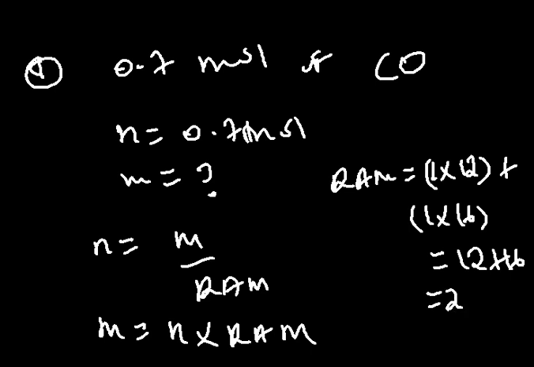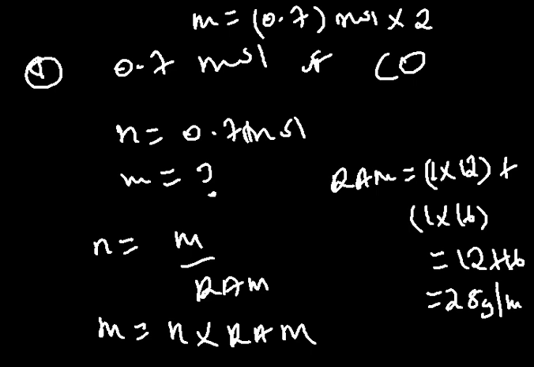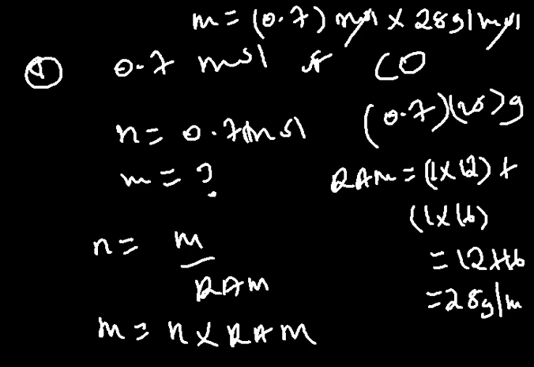So I have 28 grams per mole. And the mass will be given as 0.7 moles times 28 grams per mole, of which moles will cancel, just have 0.7 times 28, in grams. So that's how you have that one.